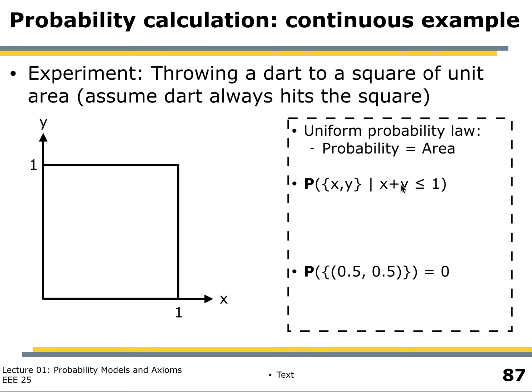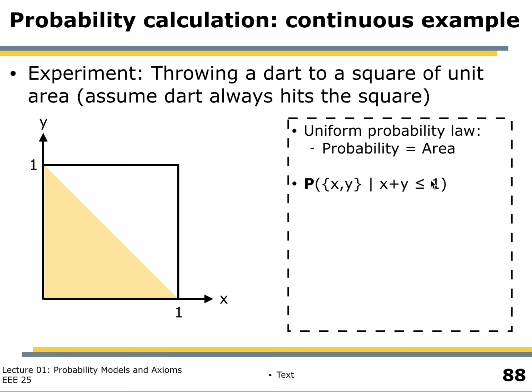For the continuous case, the probability is equivalent to area, and this is how you solve that particular question. First, we shade the region in this diagram that fits this equation. x plus y equals 1 would be a line, and that line includes the points 1 comma 0 and 0 comma 1.